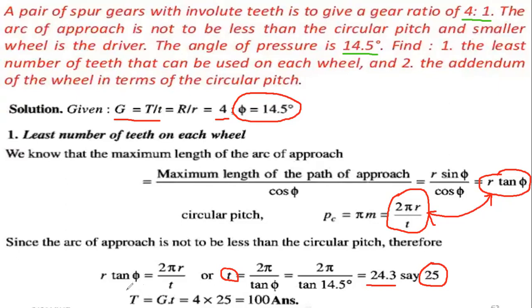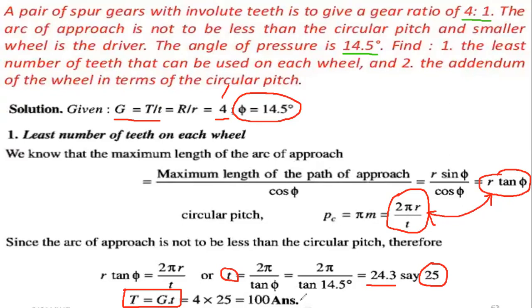Then capital T is taken as G into t. So G is the gear ratio and t is the number of teeth of the smaller gear. So we take capital T is equal to G into t. The gear ratio we have taken as 4, and for the teeth we have already found the value, that is 25.